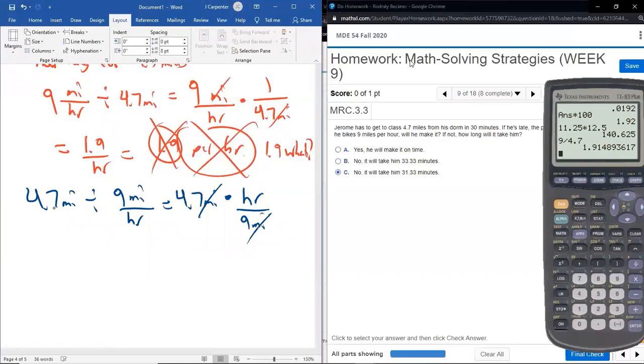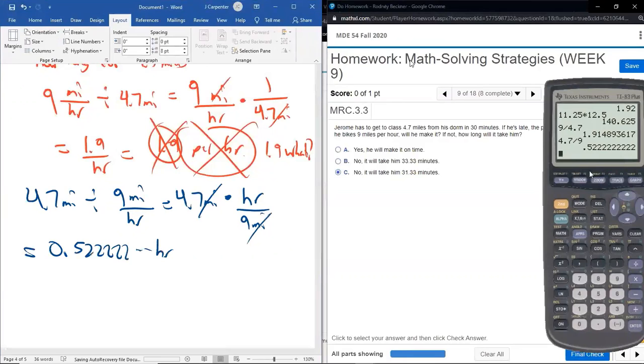Your miles will still cancel each other out, but now your hour is in the top, exactly what makes sense to be a unit of time. And then 4.7 divided by 9 is about a half, 0.5222222222, and that's hours. That makes sense.